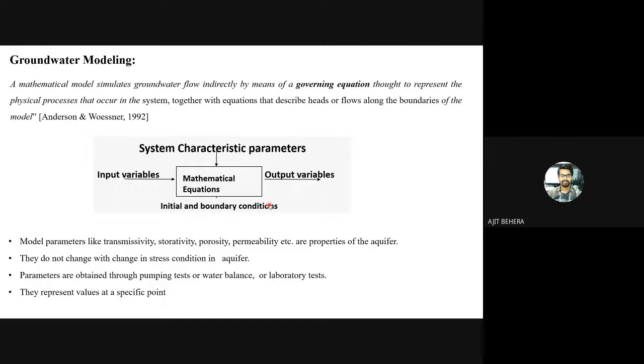How do we acquire these parameters? By doing a pumping test, as I discussed. Through a pumping test we can collect these parameters: discharge, transmissibility, hydraulic conductivity. When we do pumping in an aquifer system, we can tap the aquifer parameters for a particular location or point. Okay.